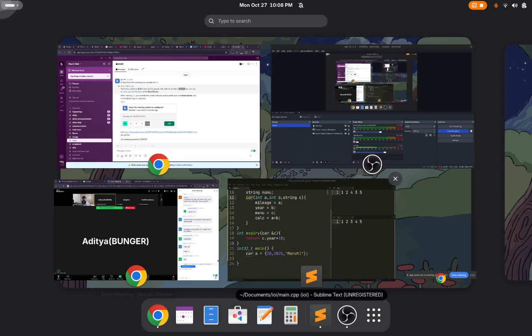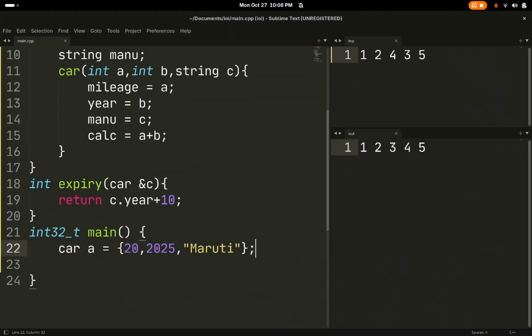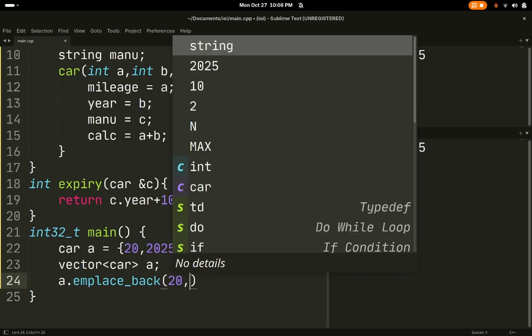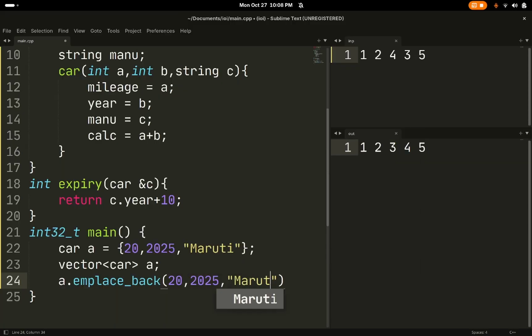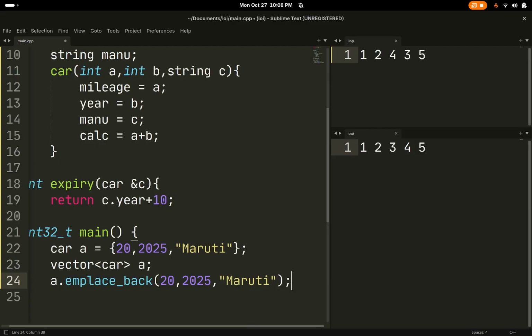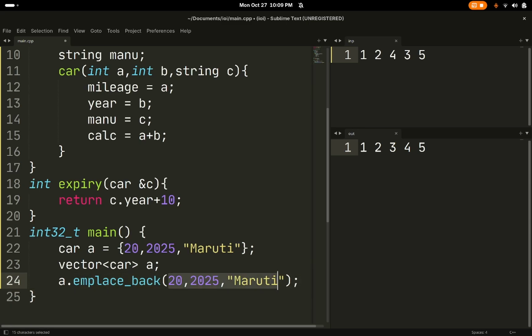Okay, so now this is what in place back is. If I have a vector of car, say A, and if I do in place back, I can directly pass in these arguments, because what in place back is going to do is take all of its arguments and pass them into this car function.